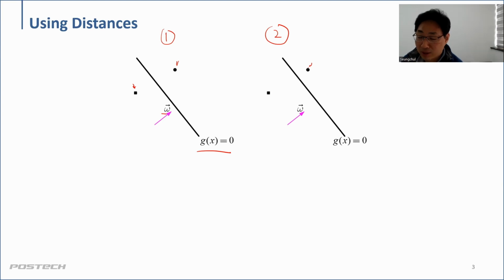Number one, right? I don't need to explain why number one is better than number two. We want to have the boundary put in the middle as much as we can.